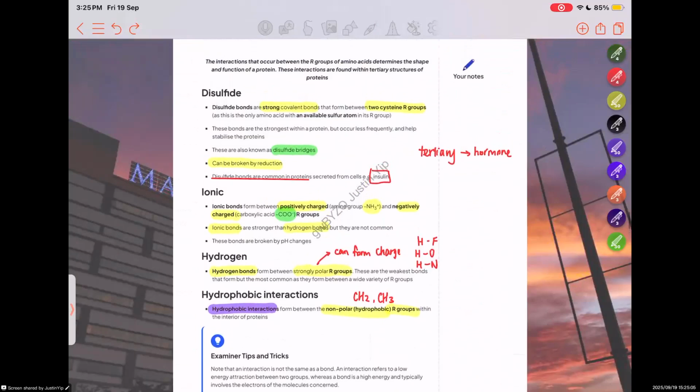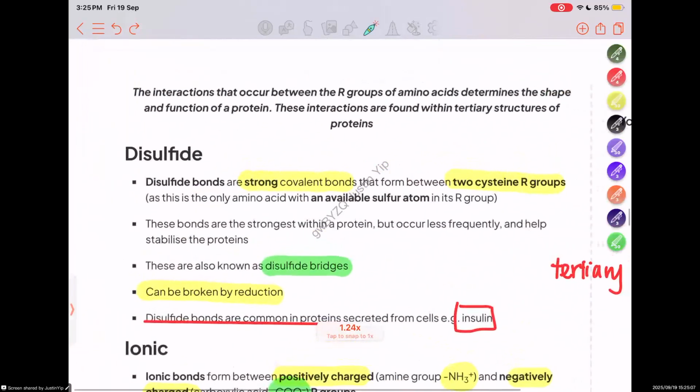A disulfide bond is formed between two cysteine R groups. These two cysteine R groups are found on your amino acids.